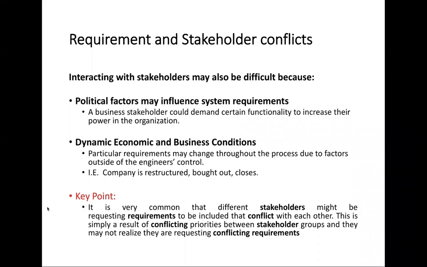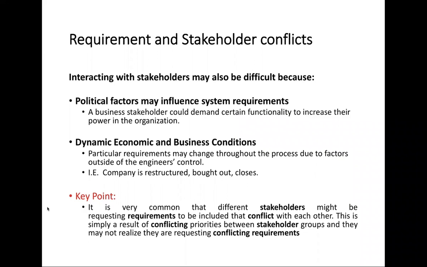So they push hard to increase the prioritization of this requirement, so they can increase their power in the organization. This is a conflict that results from a political factor, which will definitely have a great impact on the system requirements. That's not good for the entire set of requirements, and we have to discover this conflict first in order to provide a good way of resolving it.